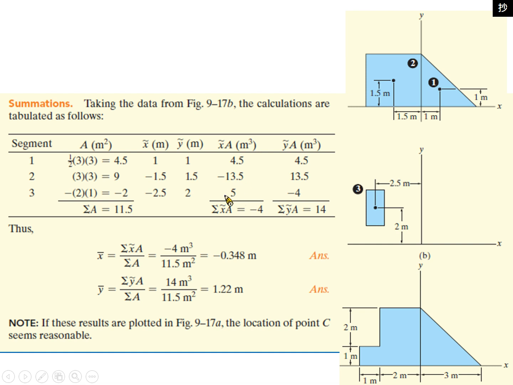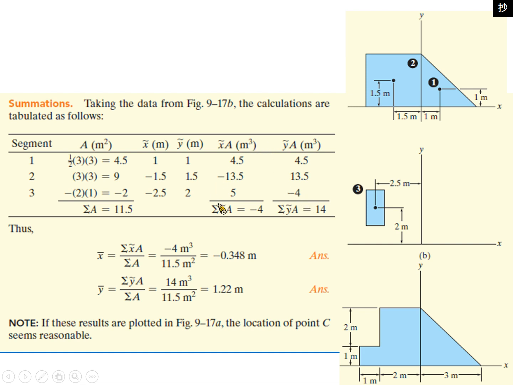So the moment of area for x becomes positive 5. And then we have area negative 2 times the lever arm, which is positive 2. So the moment of area for the y-axis is negative 4.